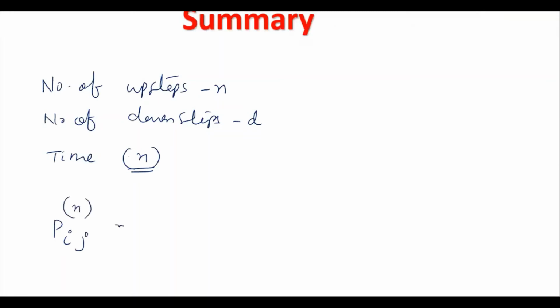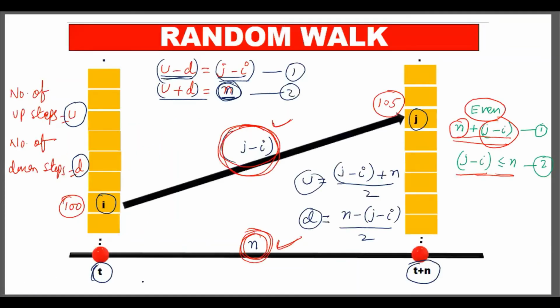This is the symbol, but sometimes this is not possible. Under what condition is it possible? We need to write the probability that you will go from i to j in n moves. This is what I have written here. In n moves, from 0 to n or 1 to n plus 1 or t to t plus n, what is the probability that you will go from i to j?